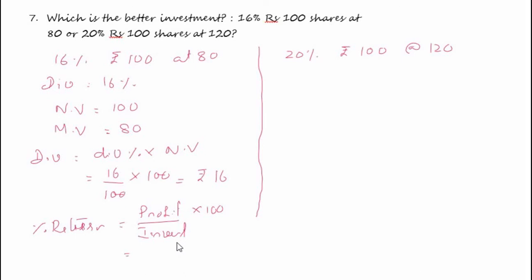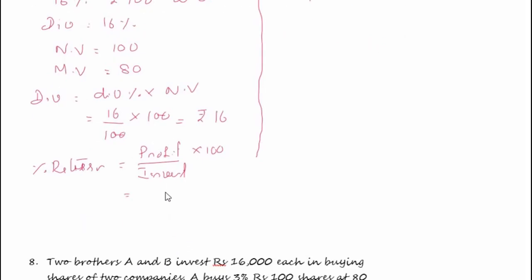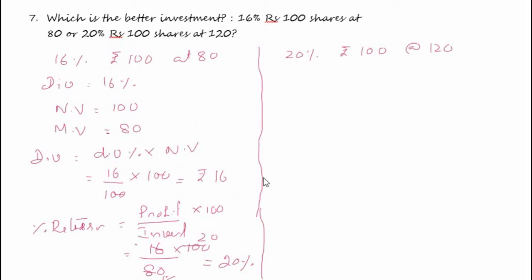So profit is nothing but the dividend that he gets, that is 16. The investment that he has made per share, here everything we are calculating for one share, is 80 rupees. So 16 ones are 16, fives are 5, ones are 520. So the rate of return in this case is 20%. Good return. Let us see in the second case whether the return is more or less, and we will compare which is better.